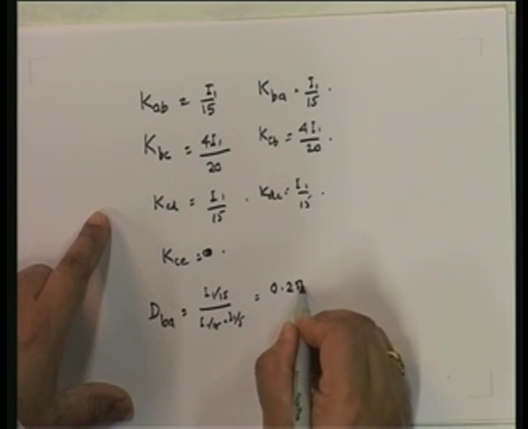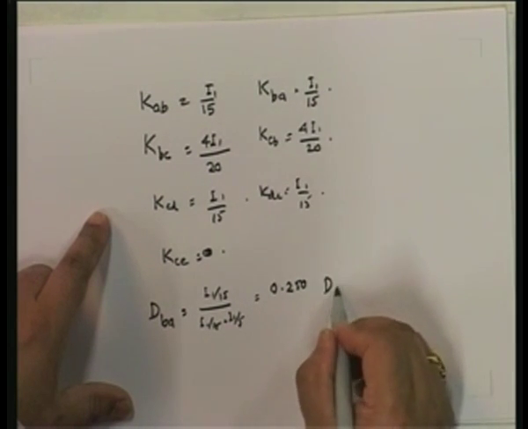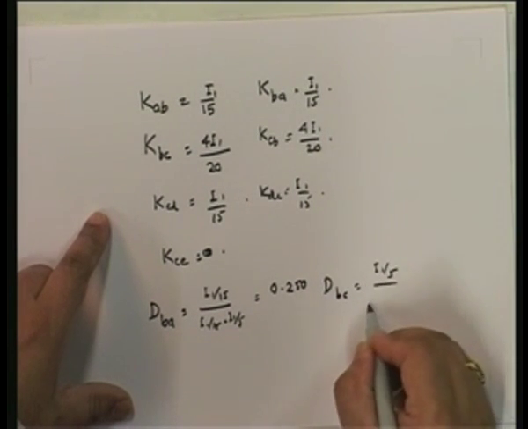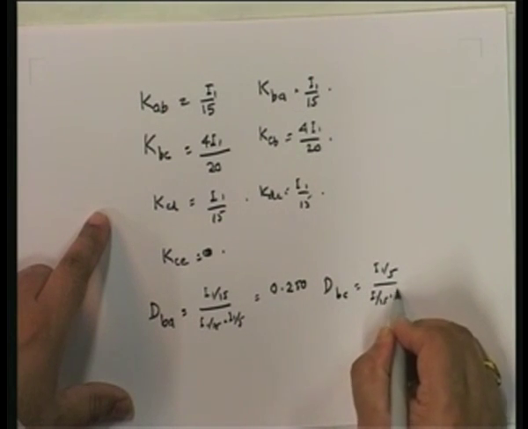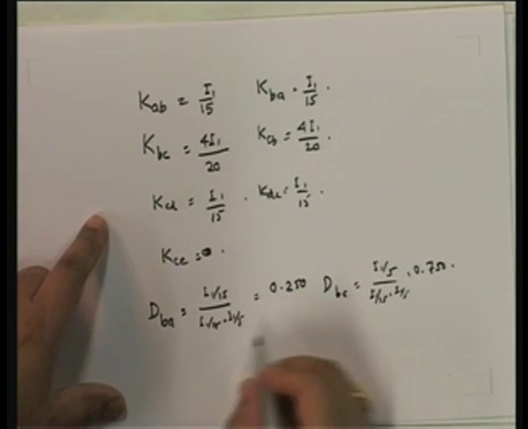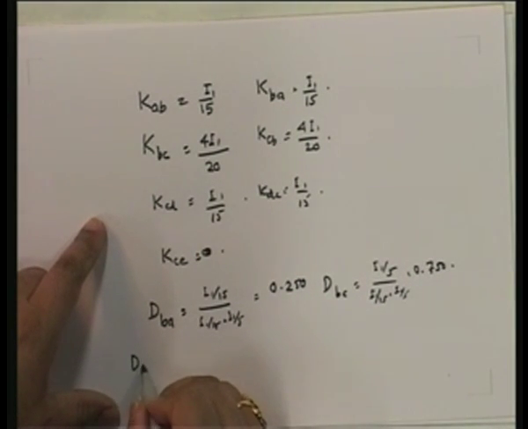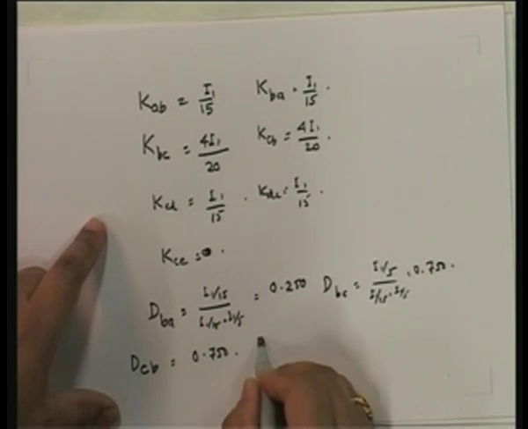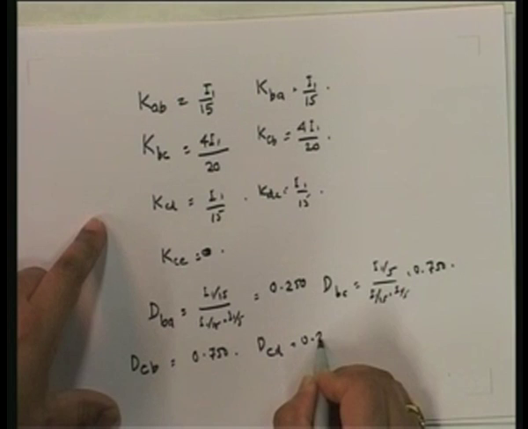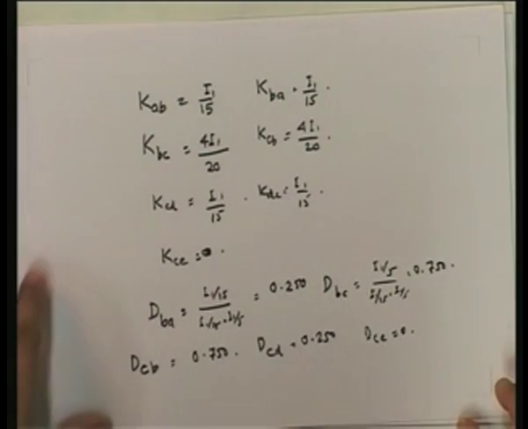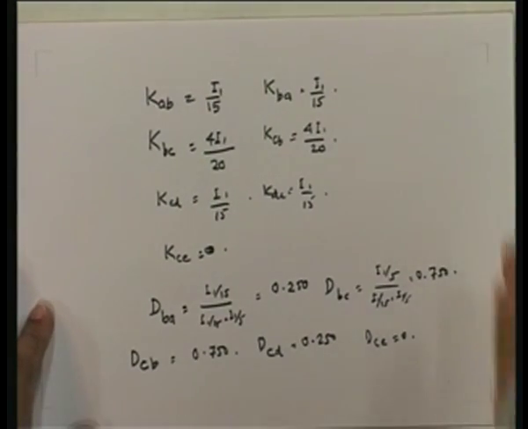So dBA becomes 0.250 and dBC becomes I1 upon 5 upon I1 upon 15 plus I1 upon 5, which is 0.750, and at joint C we have dCB is equal to 0.750, dCD is equal to 0.250, and dCE is equal to 0. Okay, so these are the distribution factors.